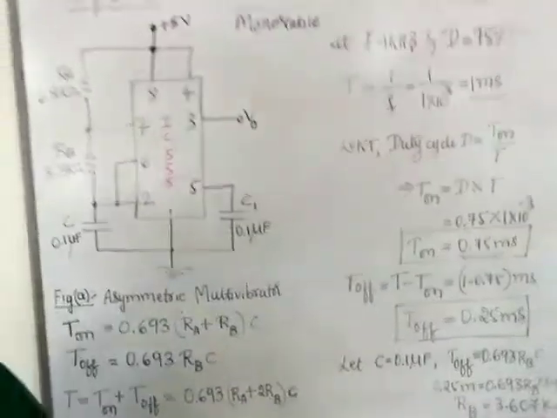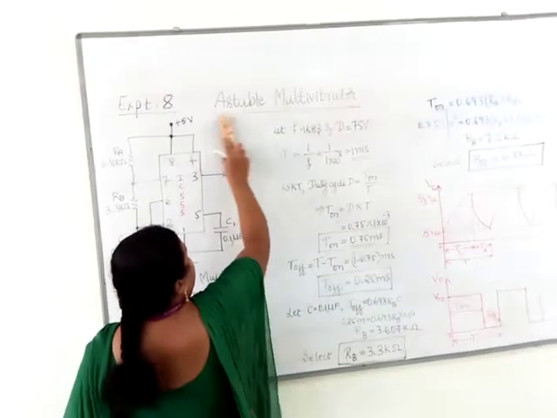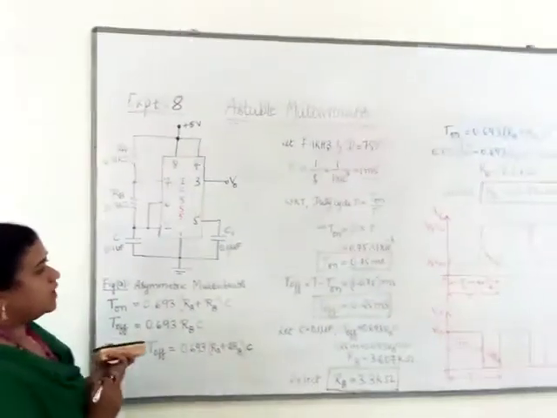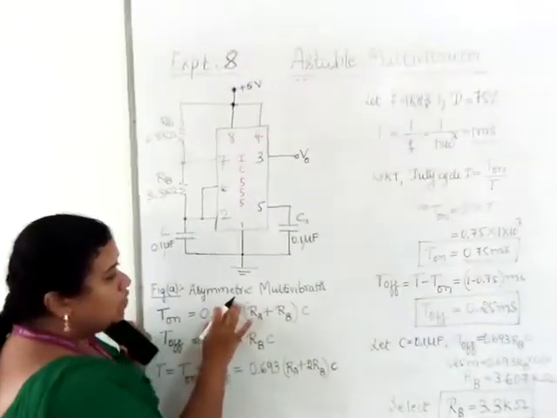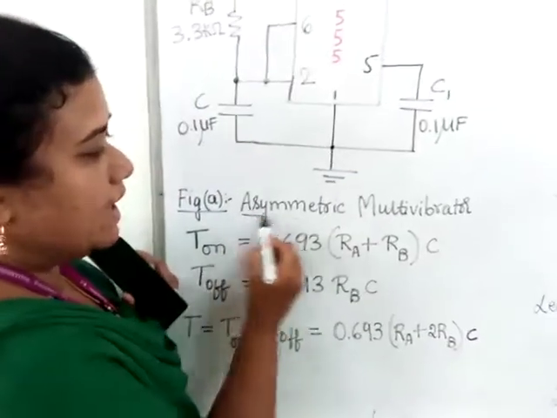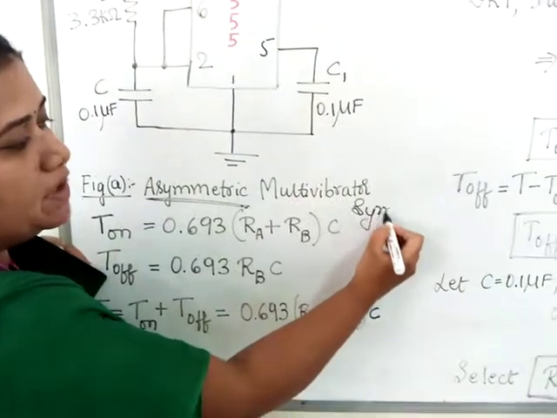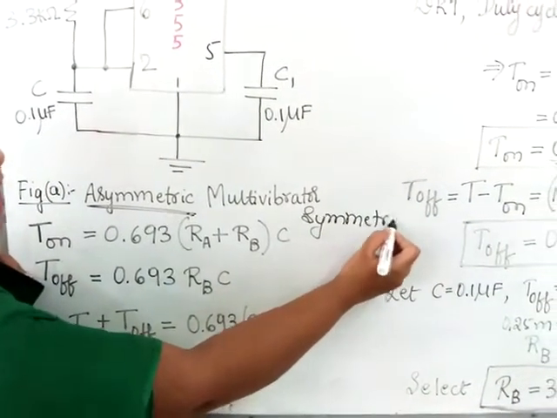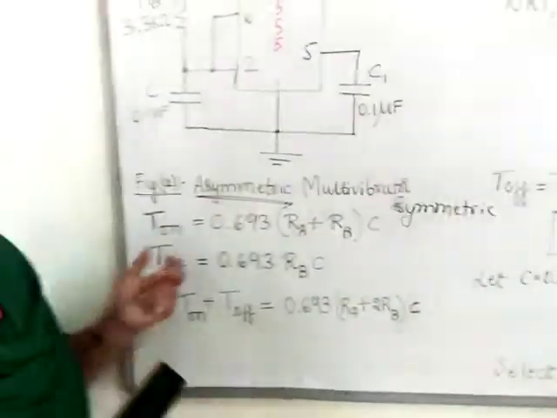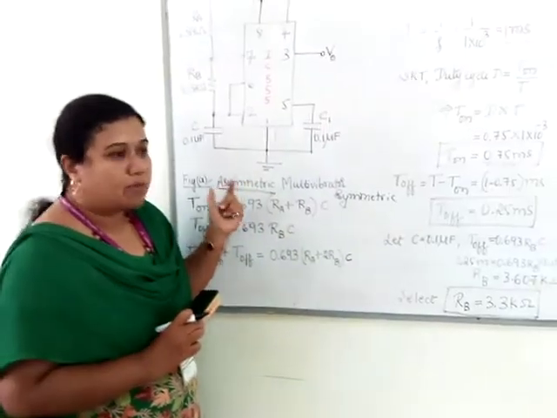Here we are first going to design an astable multivibrator. In astable multivibrator, you are going to set up two types: one is asymmetric multivibrator and another one is symmetric multivibrator. Asymmetric means the on and off periods will not be equal.